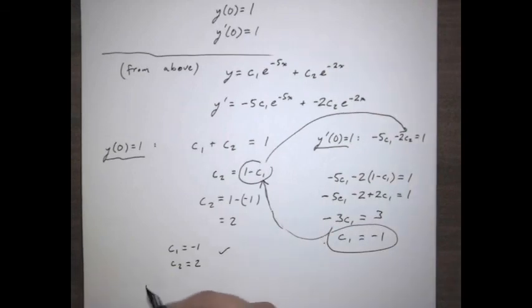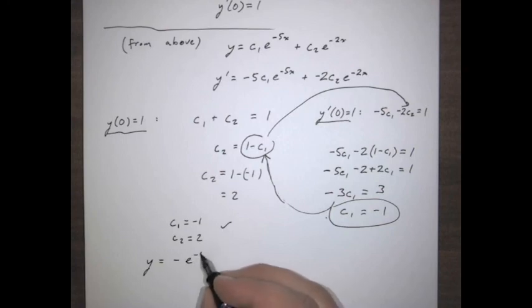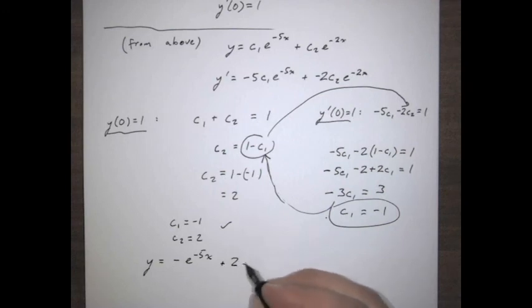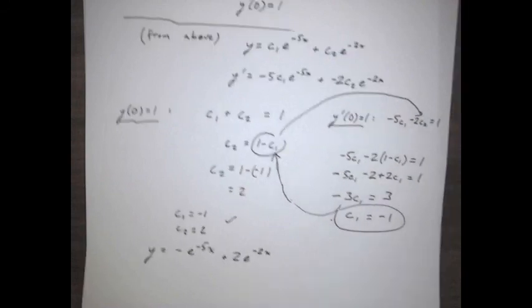Which means that then the solution to the initial value problem is y equals negative e to the negative 5x plus 2 e to the negative 2x. Now, will this always work? It will always work if we have the correct format and if we have linearly independent solutions.